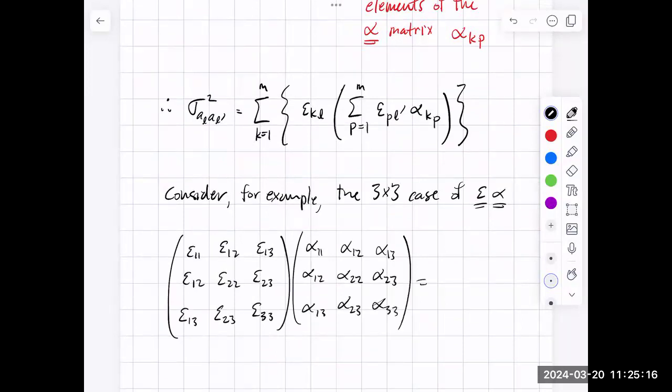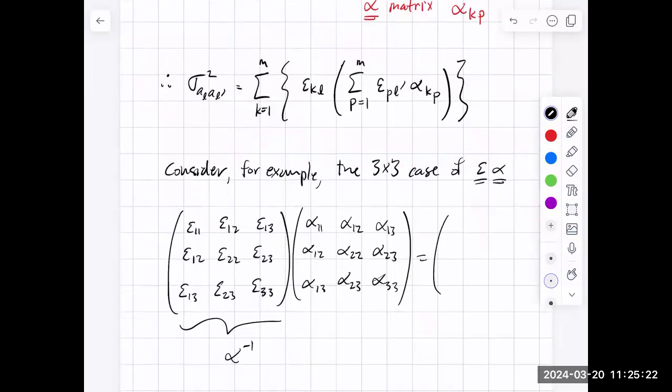And we know that that has to be the identity matrix because this is just alpha inverse. And so that has to be equal to the identity matrix.